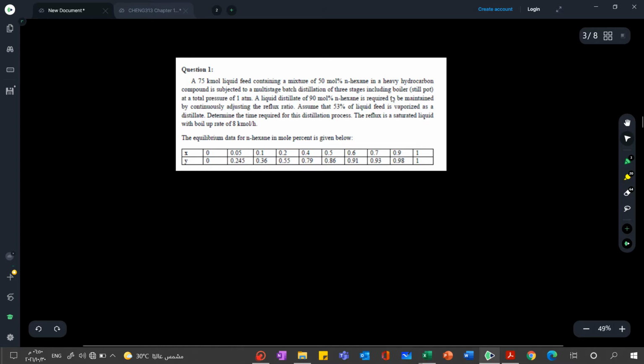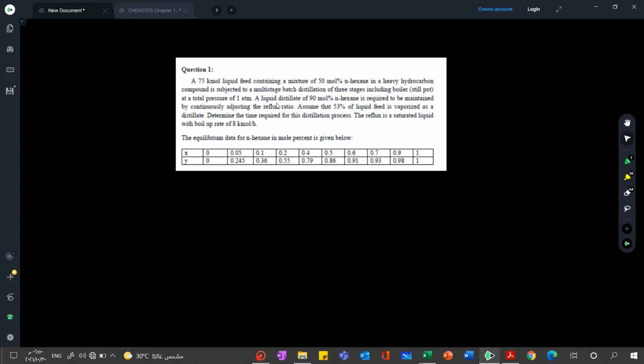At a total pressure of 1 atmosphere, a liquid distillate of 90 mole percent normal hexane is required to be maintained by continuously adjusting the reflux ratio. Assume that 53% of the liquid feed is vaporized as distillate. Determine the time required for this distillation process.